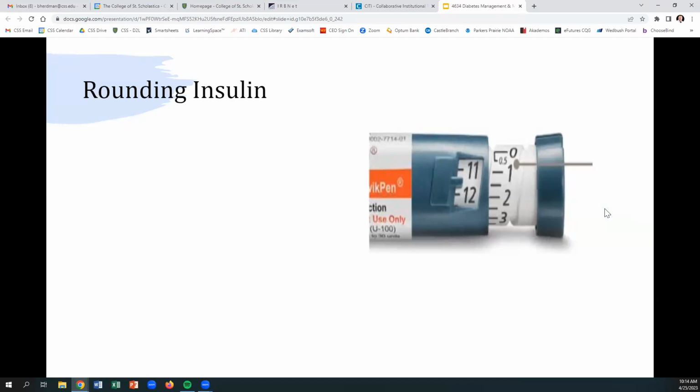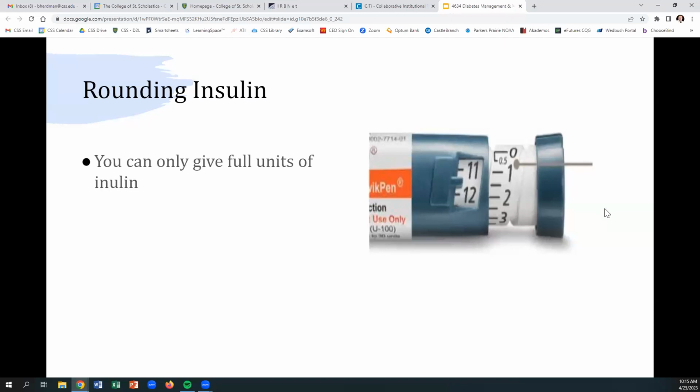Okay? When you're doing your carb coverage math, you can round when figuring out how many carbohydrates a patient has eaten. You can round with that, but you cannot ever round your insulin dose, because we always want our patient a little sweeter than not sweet enough.